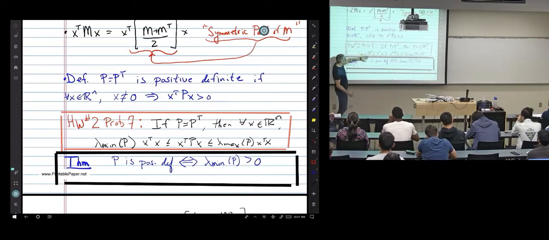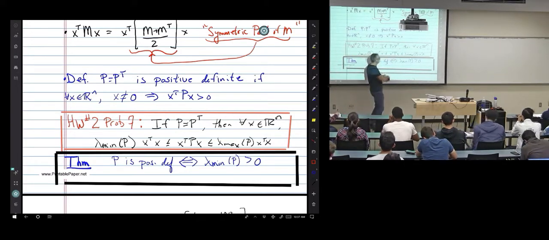It all makes sense, okay? There's not a minimum of complex numbers. The smallest eigenvalue of P times X transpose X is a lower bound for X transpose PX, and the upper bound is the maximum eigenvalue of P times X transpose X.